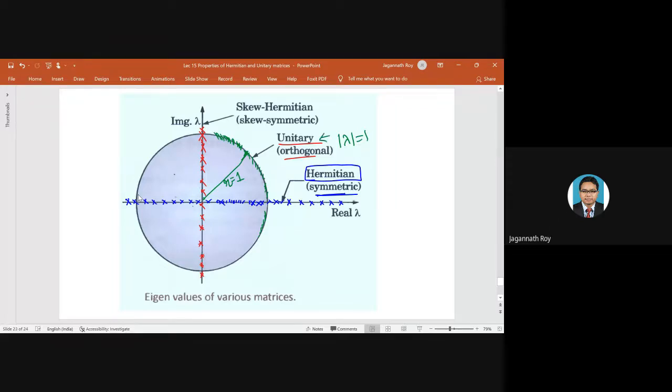So they will lie on the perimeter of the circle. The eigenvalues of a skew symmetric or skew Hermitian matrix are on the vertical line, the imaginary axis, and the real axis is for Hermitian matrices.